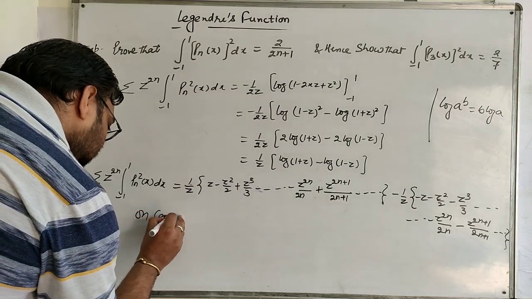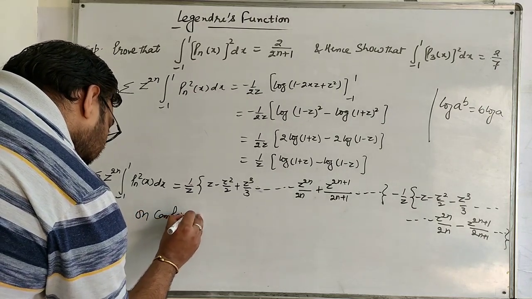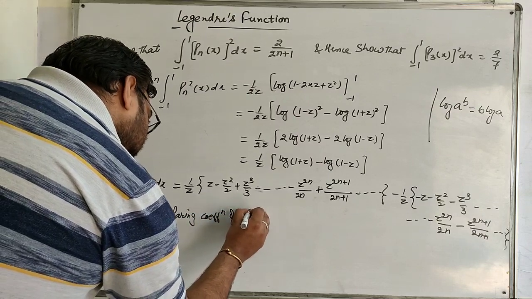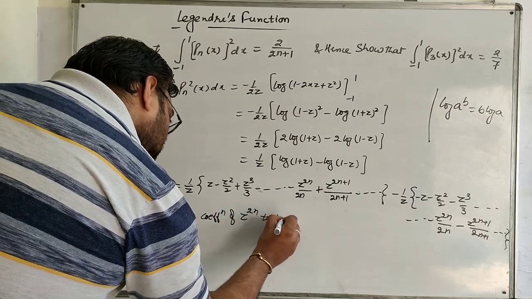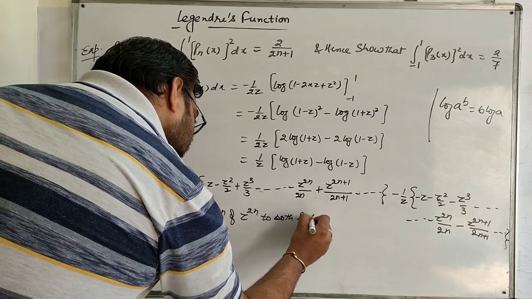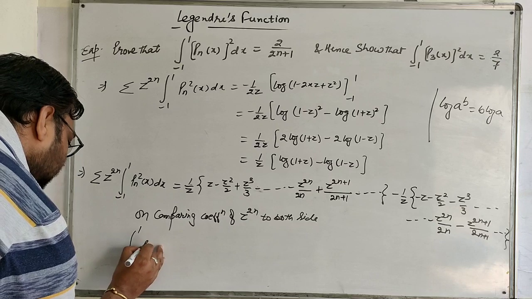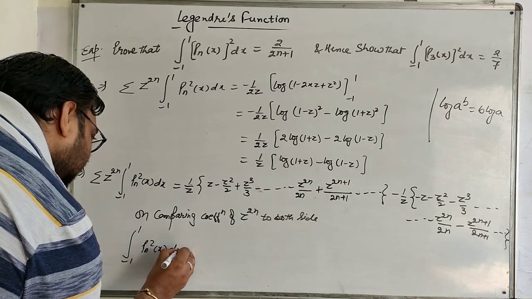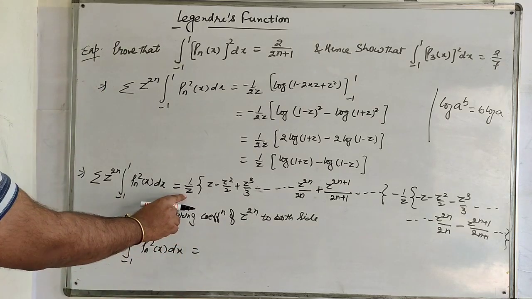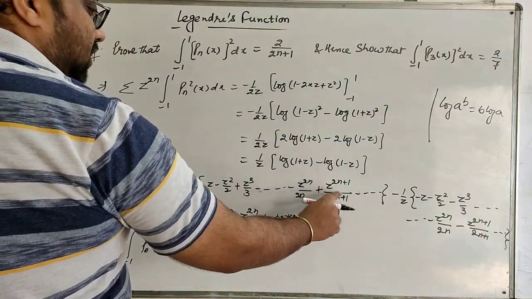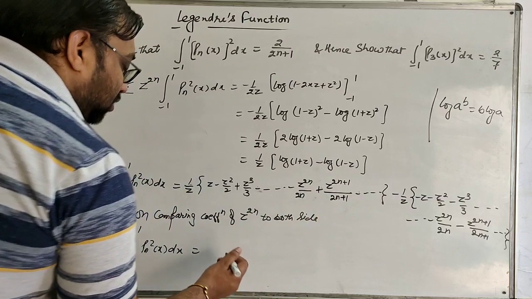On comparing the coefficient of z raised to power 2n on both sides. So from here the coefficient is integral from minus 1 to 1 of Pn square (x) dx, and from here when we multiply by 1 upon z to this entire bracket, the coefficient of z raised to power 2n is 1 upon 2n plus 1.